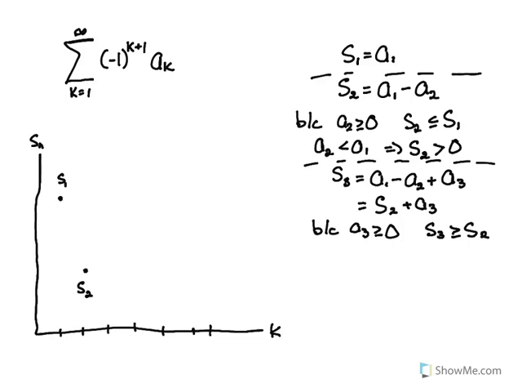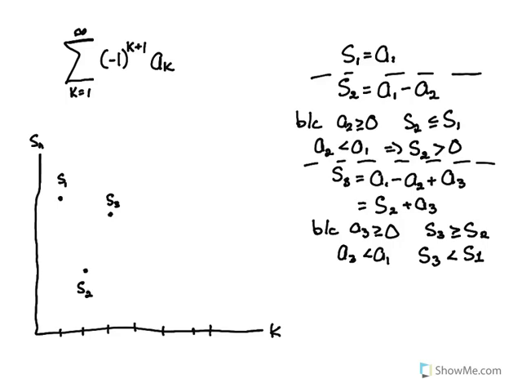But also, because a_k is strictly decreasing, a_3 is strictly less than a_1, which implies that S3 is strictly less than S1. Because to get from S1 to S2, we subtract a_2, and then we add a smaller value back. So we won't quite get back to S1, but we will be below S1. If I plot this out, I'm somewhere below S1 but above S2, let's say right here. This here is S3.